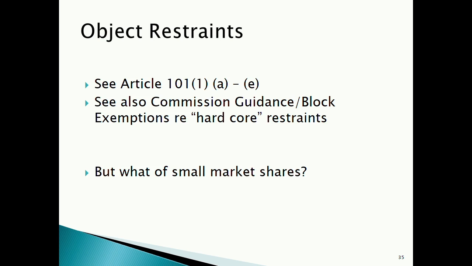Small market shares. This is the last bit of the jurisdictional element. A couple of things. If you look at Article 101, and those of you that haven't, people downloaded this and its companion volume. They're listed on page 13 of the syllabus. The Commission provides them for free. In it, for instance, there's Article 101, and it refers to the following, which may affect trade between member states, as a jurisdictional element.